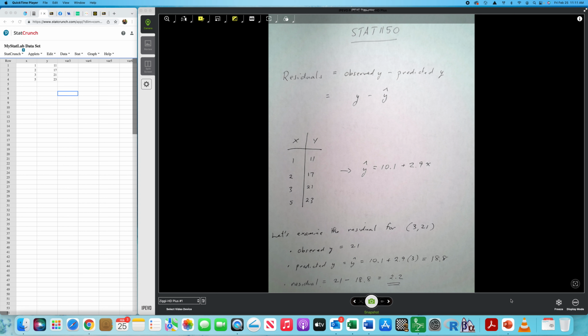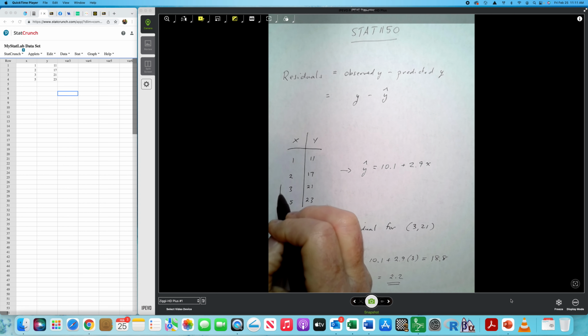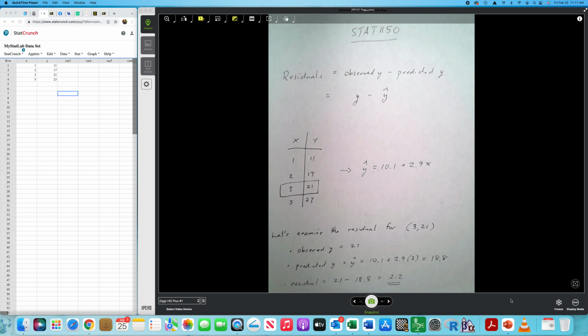Keeps it simple. So let's examine the residual for the point (3, 21). So that one right there. The observed y is the y value that we get from our table. So in this case, it's 21. The predicted y is what we predict when x is equal to 3.